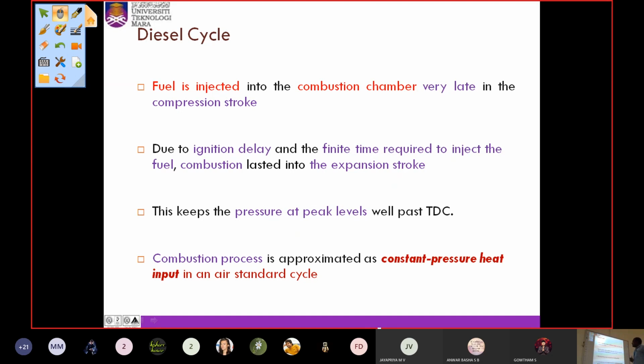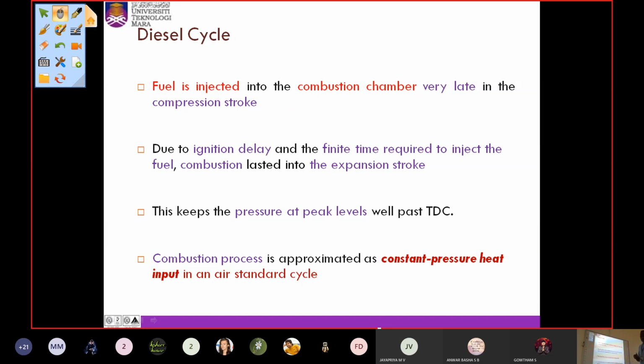Right. So due to ignition delay and the finite time required to inject the fuel, combustion lasts into the expansion stroke. So here that constant volume process will last and we can get the expansion stroke. So this gives the pressure at the peak level when past TDC, top dead center, right?